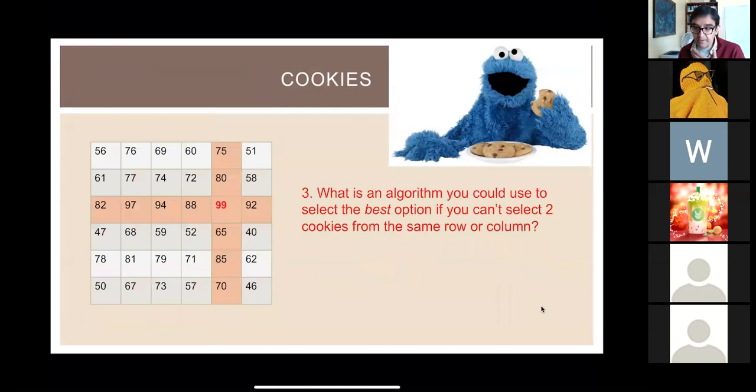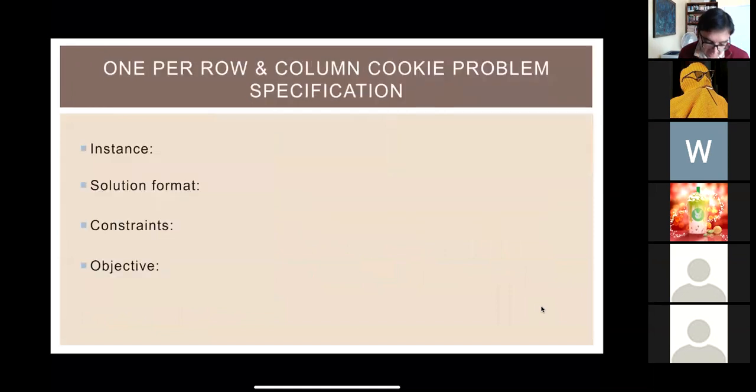Okay, and so we're going to evaluate this, but before we get to that, let's go ahead and formalize this problem. Okay, so once again, we have a numeric array. And once again, we have 6 locations. The solution just consists of 6 cookies.